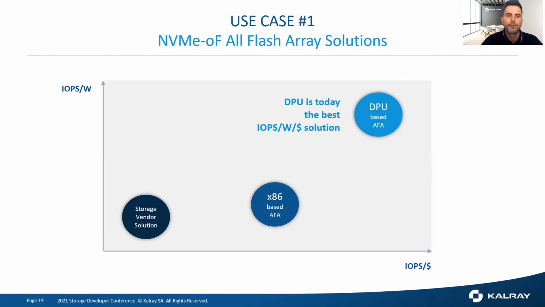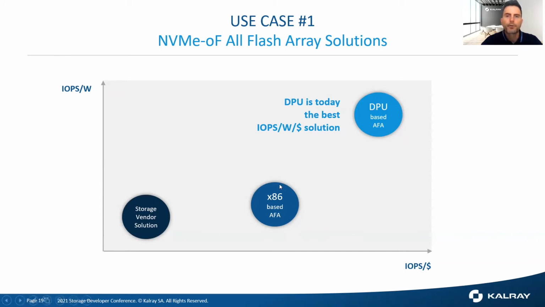They are very feature-rich, but since they use a software stack that has not been designed for NVMe parallelism, they are not able to fully exploit the performance that is available thanks to NVMe disks. And the result is that the performance is not as good as what we would like. They are also pretty costly. This is why, in terms of IOPS per dollar, they are not very good.